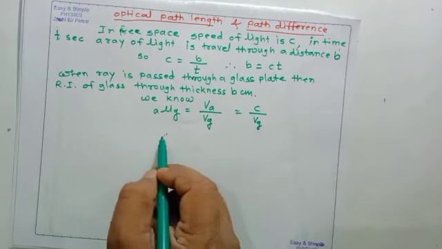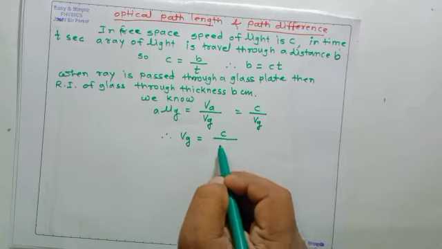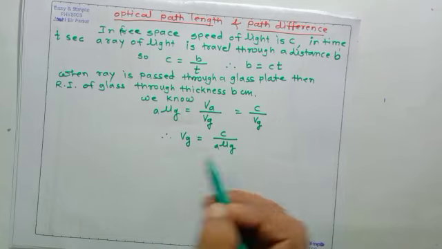Therefore, velocity of light in glass will be c upon mu for glass with respect to air.